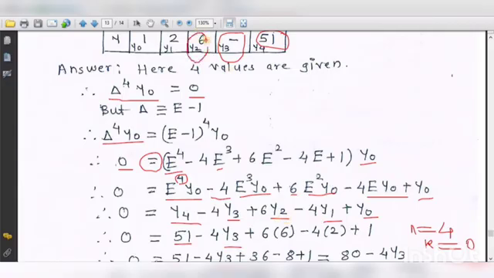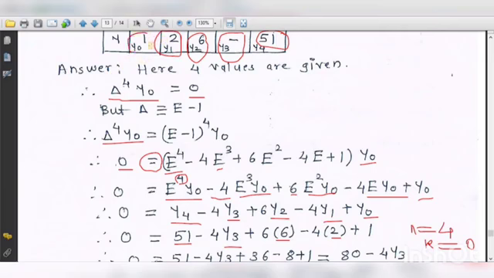Here it is 6, substituted in the brackets. Then minus 4 y1. So y1 is 2 here, substituted as 4 into 2, and plus y0. The y0 is 1 here, so we will substitute the value of y0 as 1.